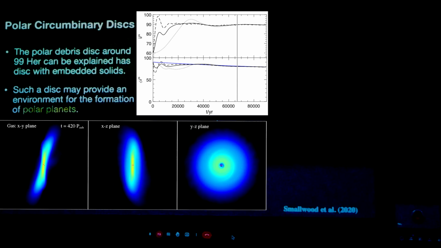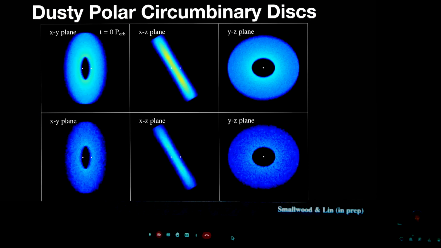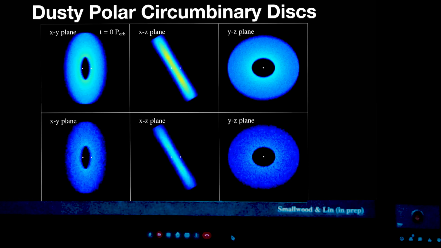And this is what I'm working on with Minkai currently: looking at how the dust actually follows the gas during a polar alignment. The top panel here is the gas in the disk, and the bottom panel is the dust.